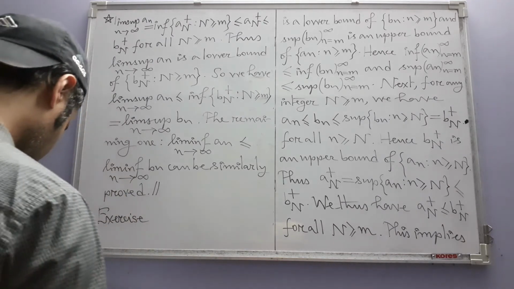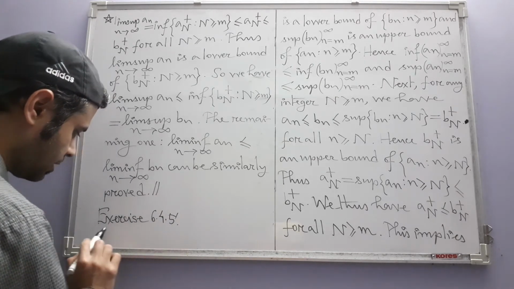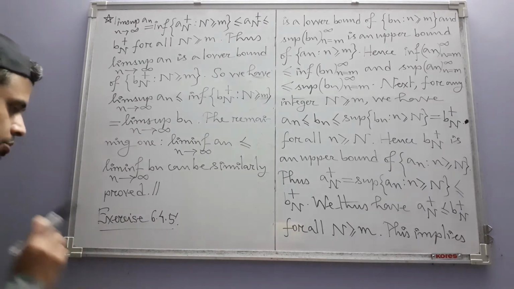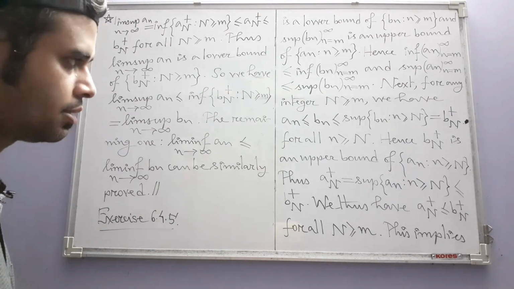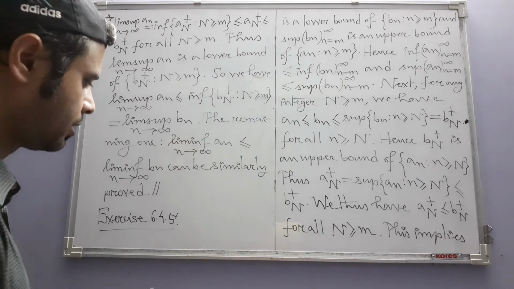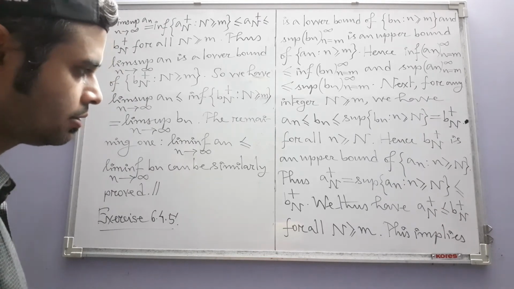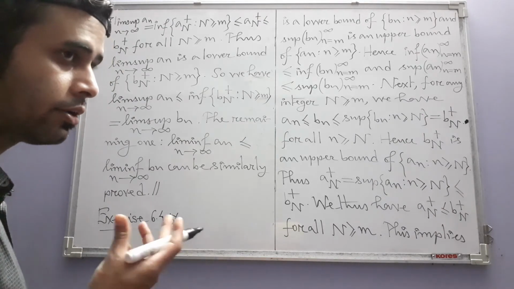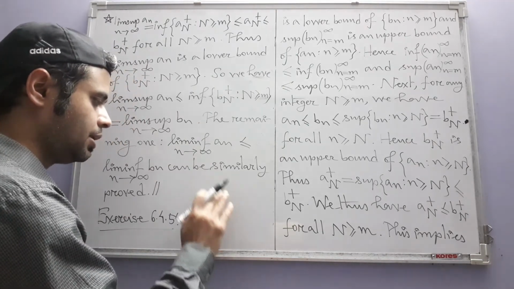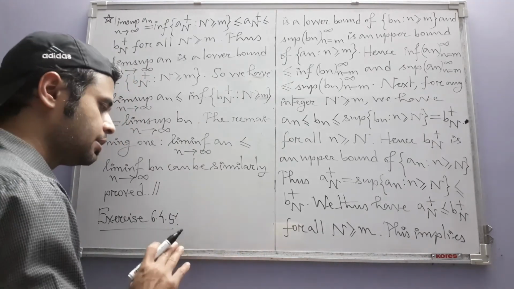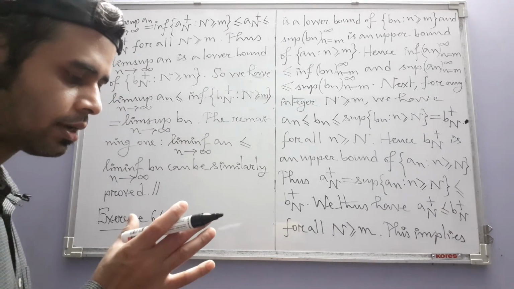Next, 6.4.5. Next, we have to prove the squeeze lemma, or what is also sometimes known as the sandwich theorem, although I am not sure whether the corresponding result is called that. You recall the squeeze lemma: there are three sequences a_n, b_n and c_n, and b_n is trapped in between a_n and c_n.